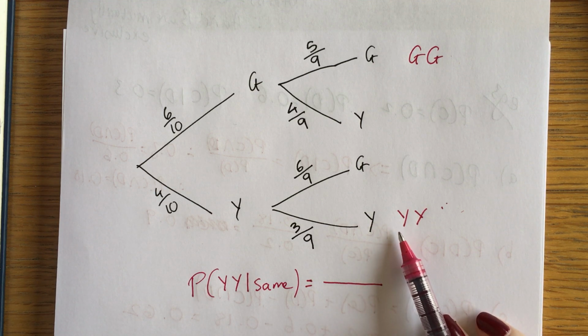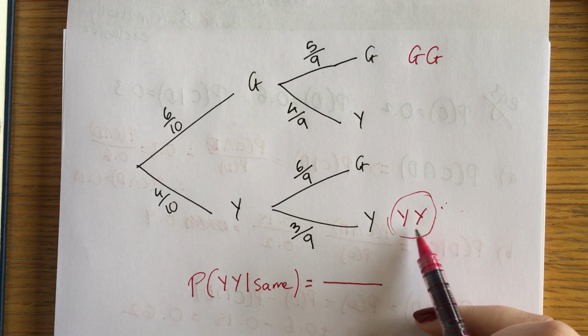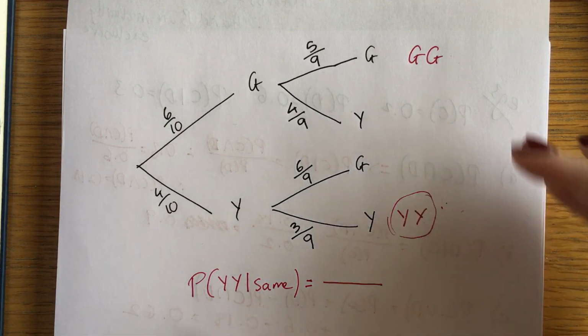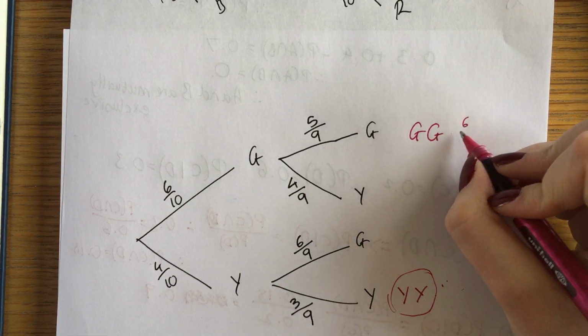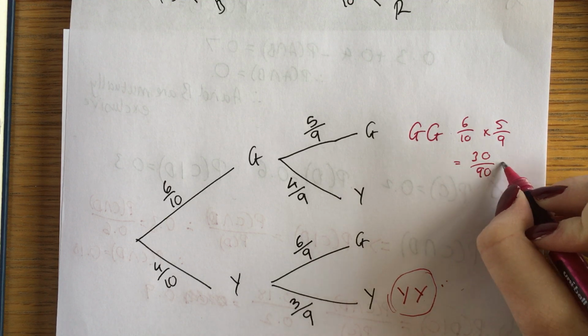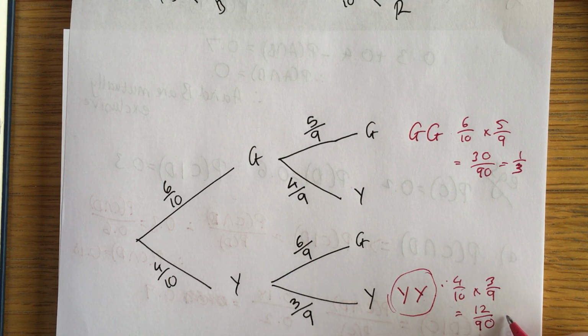So both being the same and both yellow, well, in this case, just the probability they're both yellow is enough to be the probability that they're the same and both yellow. So probability that it's green and green, we go along branches, so we multiply. So 30 out of 90, which is 1/3. Yellow, yellow, 4/10 and 3/9, which is 12 out of 90, which is 2 out of 15.